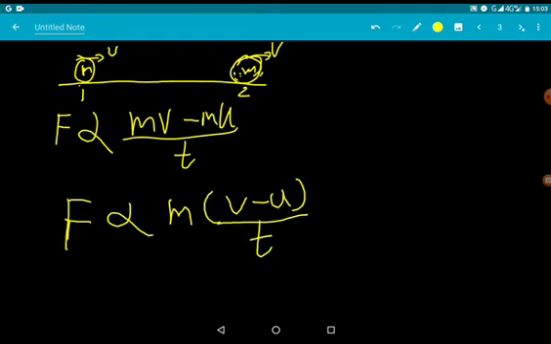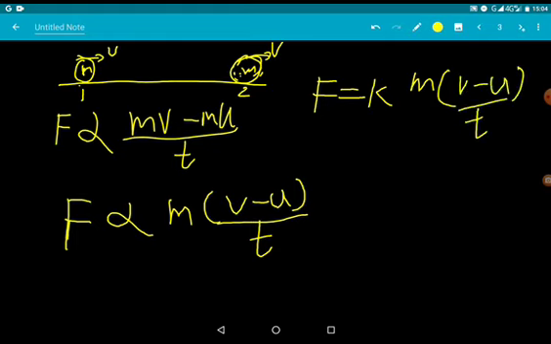Now F is directly proportional to m within brackets v minus u, divided by t. t is time, v is the final velocity, u is the initial velocity, m is mass, and F is force. So F equals k times m(v minus u) by t.